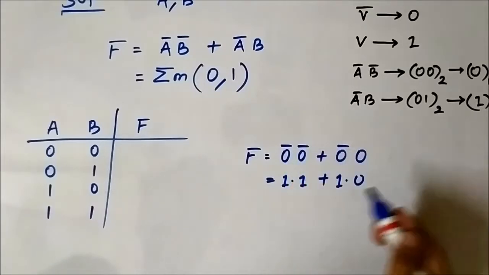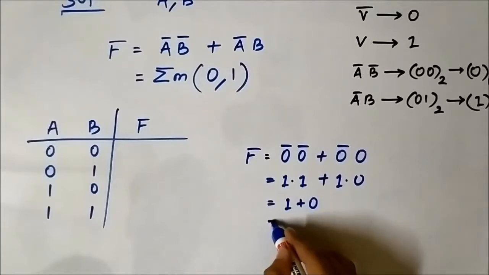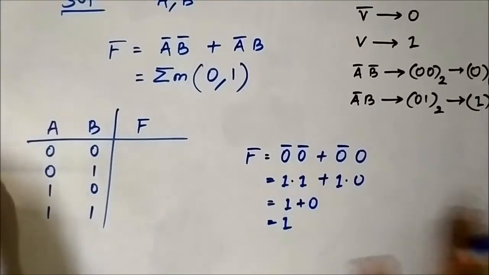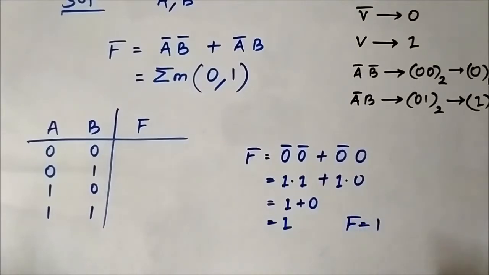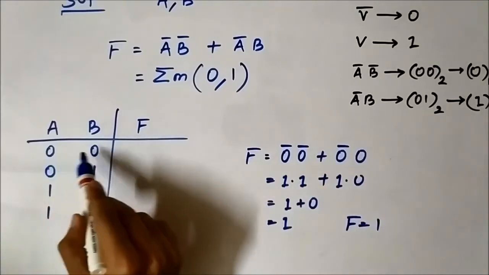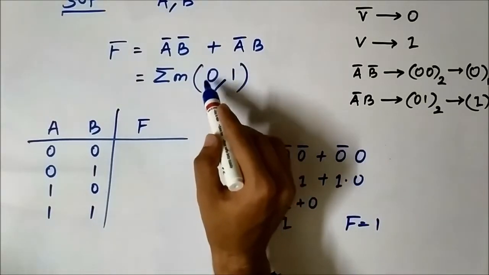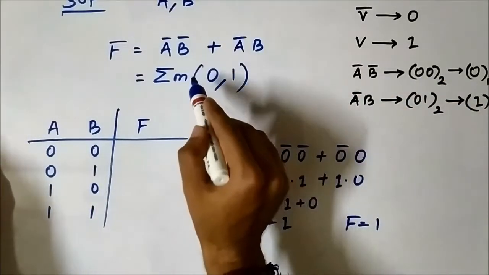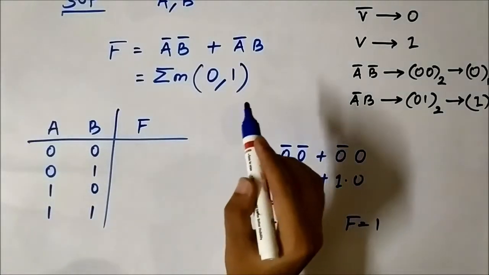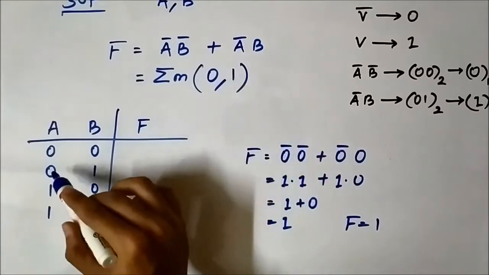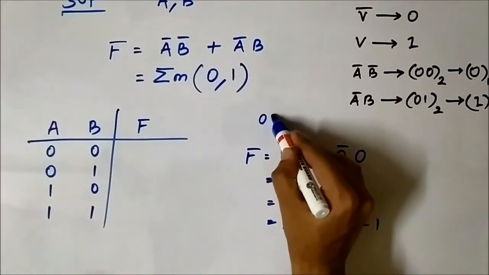The complement of 0 is 1, so it is 1 plus 0, which is equal to 1. Here it is Boolean addition, so F is equal to 1 for the input combination 00. See, 00 is present in the min term expression.